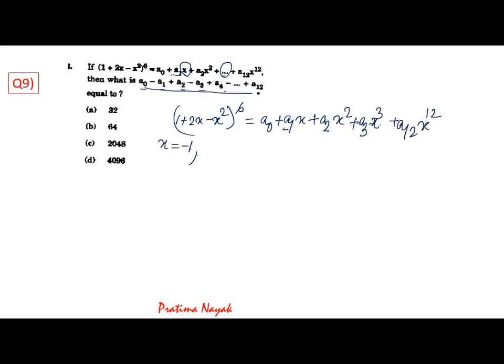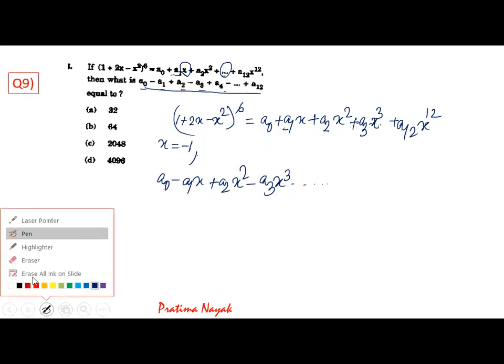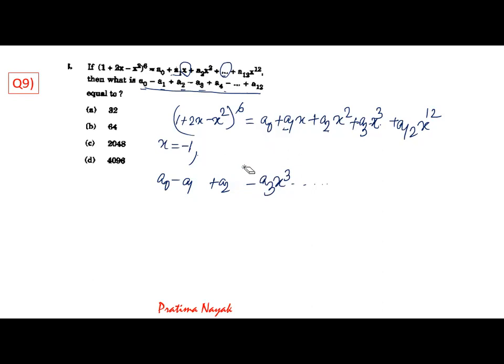So if we put x equal to minus 1, on the right side you are getting what is asked: a0 minus a1 plus a2 minus a3.